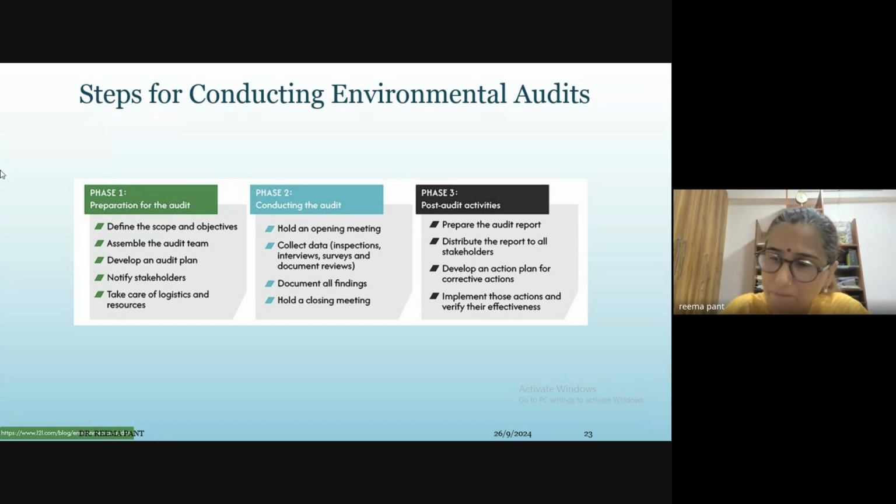After discussion, certain things will definitely be implemented, and those will come into your immediate, short-term, medium, and long-term goals. As to what you are going to plug in immediately, what will happen in a couple of months, and how you see these things working a year, 2 years or 3 years after the audit has been done, or what changes will come. So this is what you are going to do while you conduct your environmental audits.